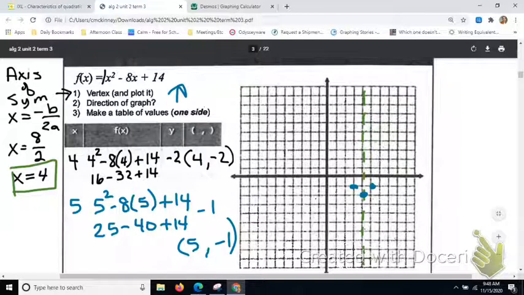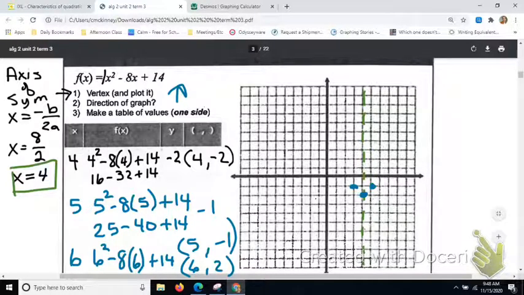And then I would try 6. So I just go one more to the right. I do 6, so I'm plugging 6 in. 6 squared minus 8 times 6 plus 14. So I have 36 minus 48 plus 14 is going to give me 2, I believe.